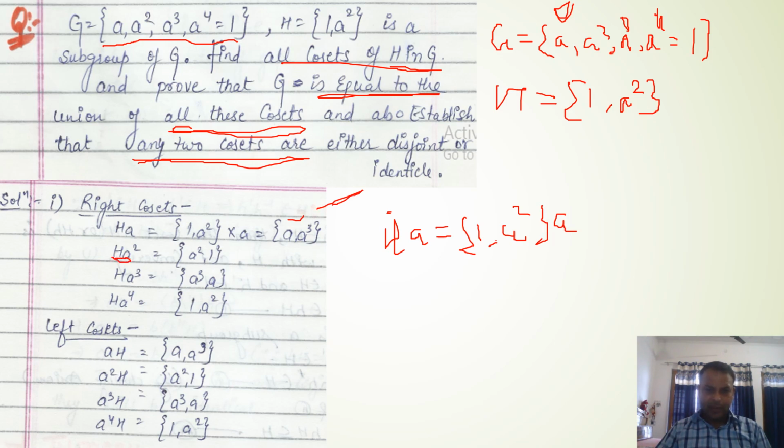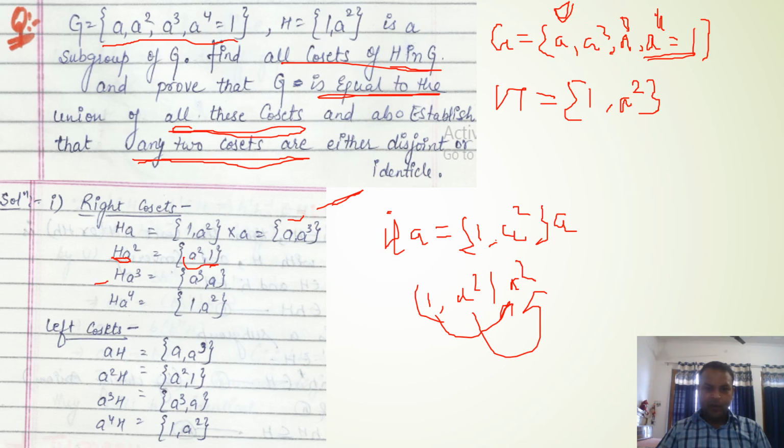This is the next coset, which is equal to, when you multiply 1 comma a square by a square, on multiplying the first element by a square, you get a square. While multiplying a square by a square, you get a to the power 4, and it is given that a to the power 4 is equal to 1.